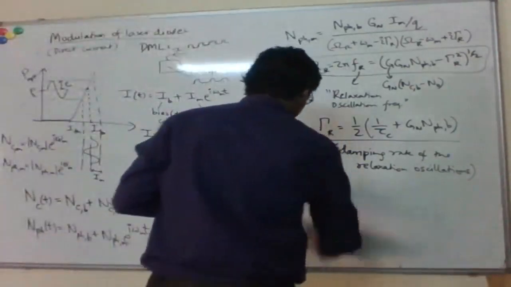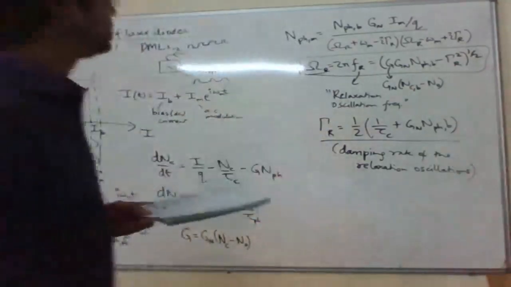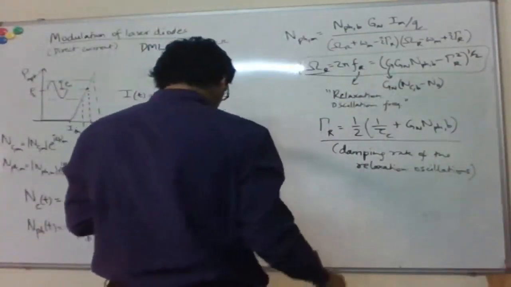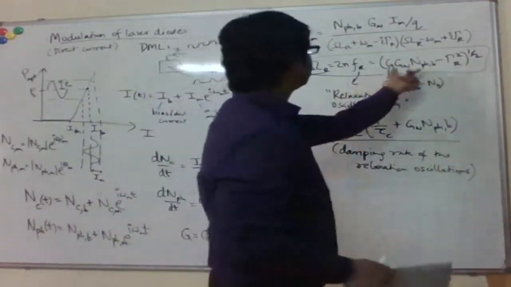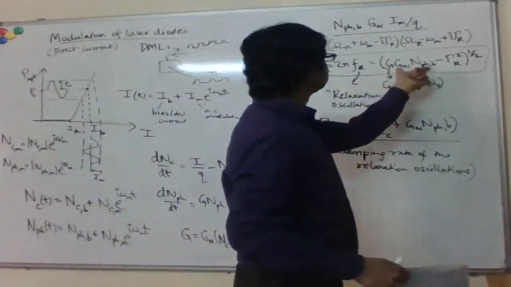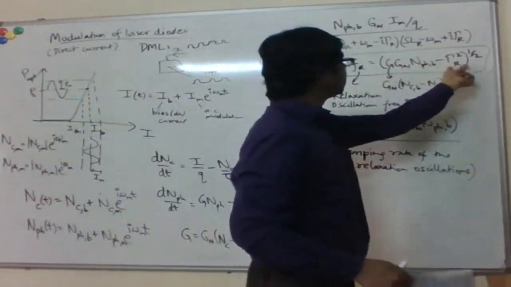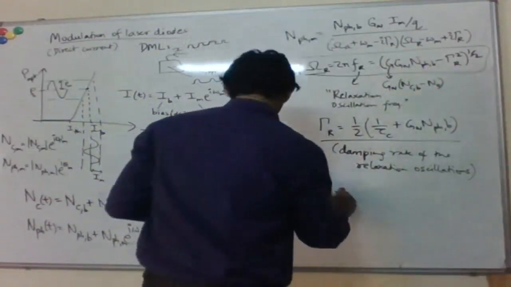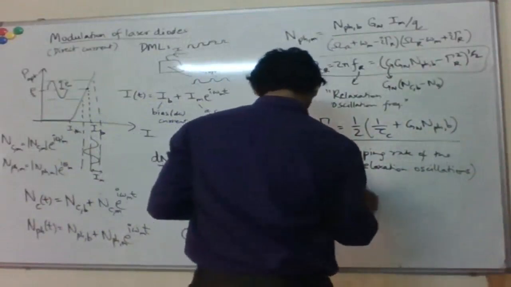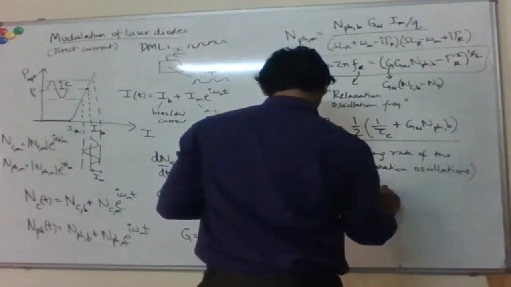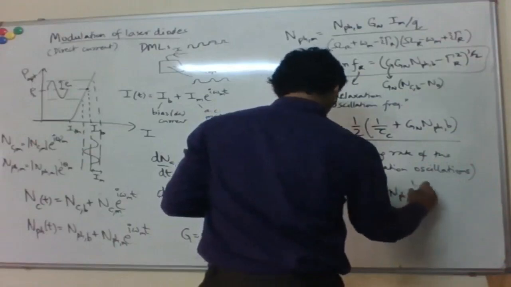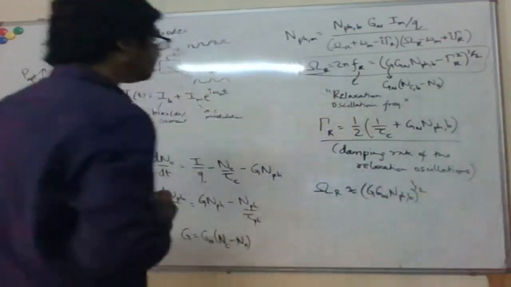Okay, so you can simplify this expression a little bit more to see what this frequency depends on. First, typically this first term is much larger than the second term. So I can approximate omega quite well like that.